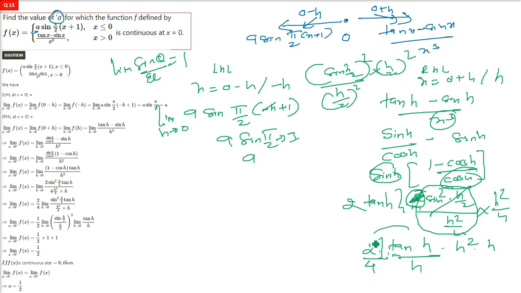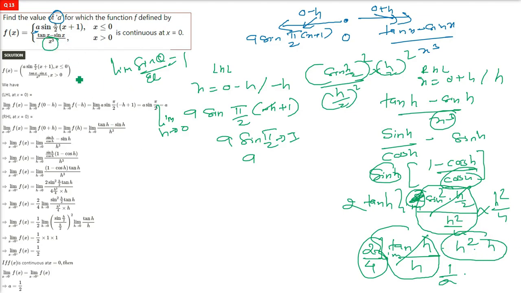I am applying the limit here, so just I am replacing it by 1 because we know that tan h by h limit h tends to 0 is 1. Now we have a h cube here, h square into h. But since, if you remember, there is x cube already there, and x cube has to be replaced by h cube. And since we have h square into h, which is h cube, and this x cube is h cube.